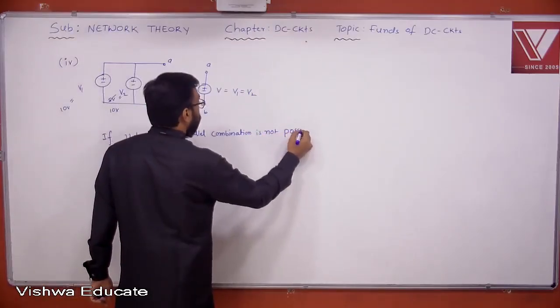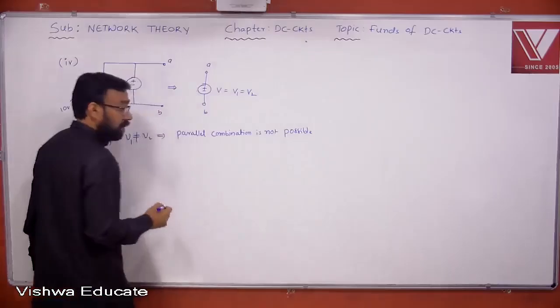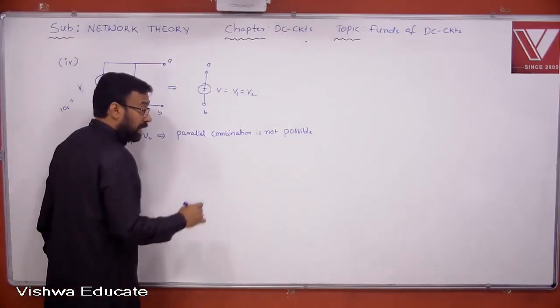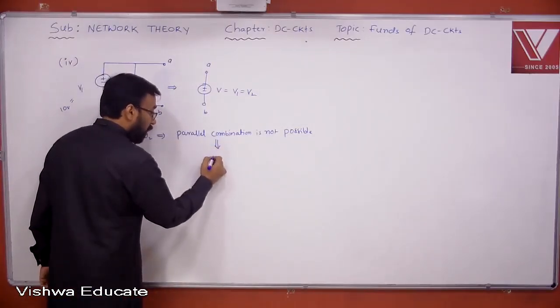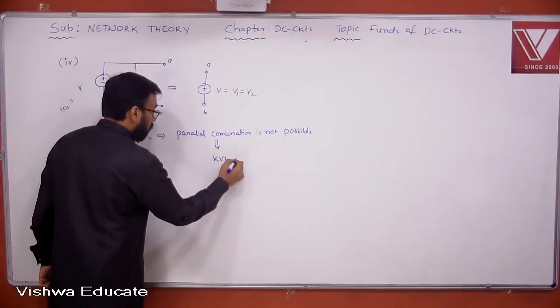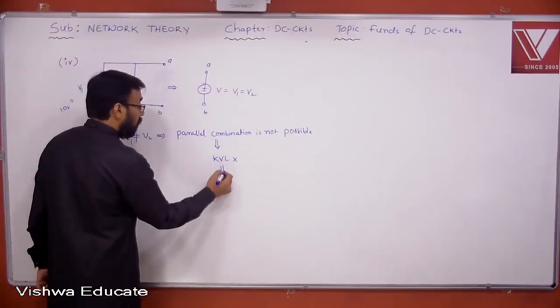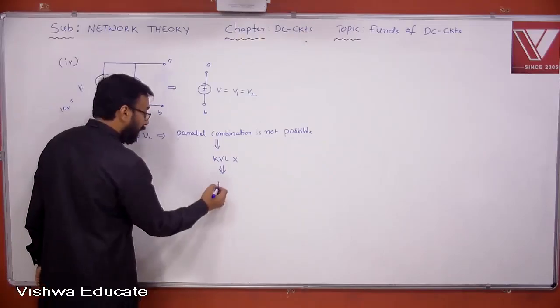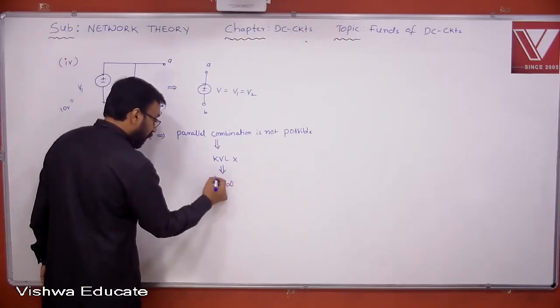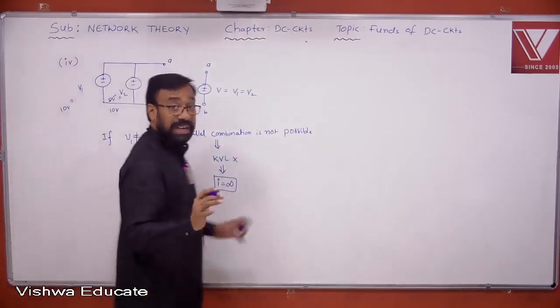Why is it not possible? Because KVL is not satisfied. What will happen if I connect them forcibly? It leads to infinite current. Is it clear, all of you?